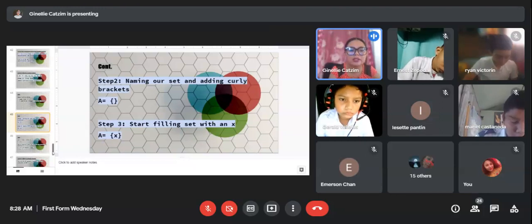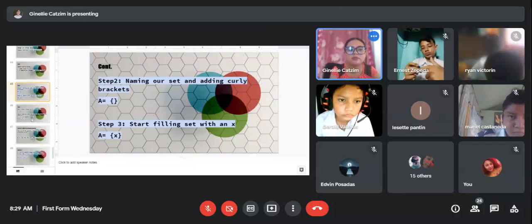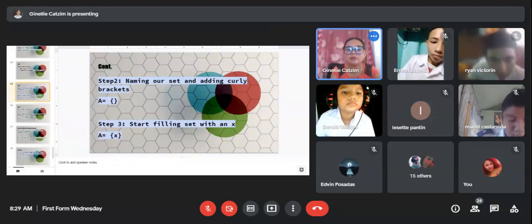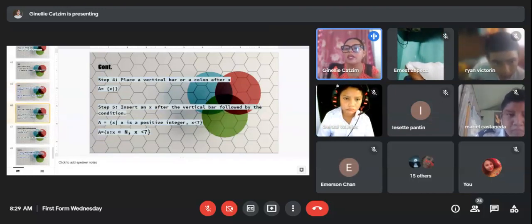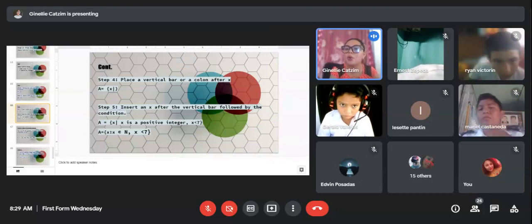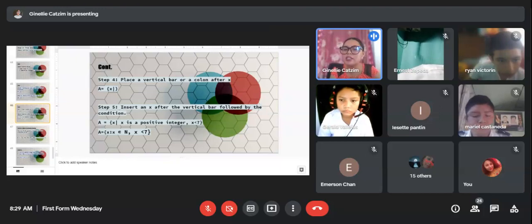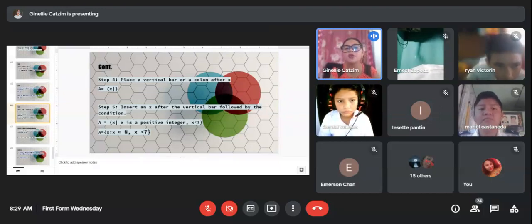So what do we do next? We place a vertical bar or a colon after x, and then we insert an x after the vertical bar followed by the condition, right?